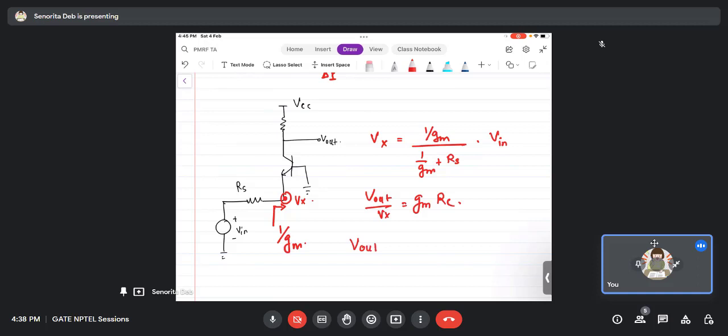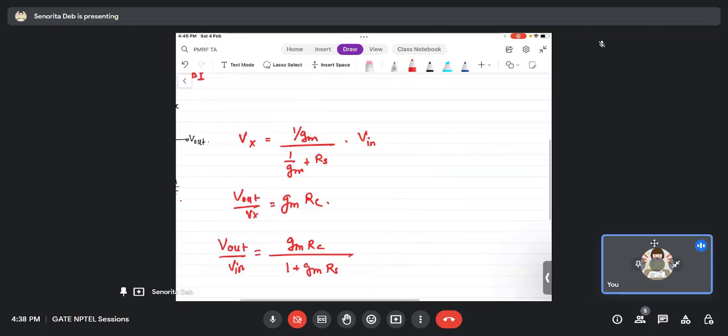V out by Vin is therefore nothing but Gm times Rc upon 1 plus GmRs, because Vx equals Vin times 1 upon 1 plus GmRs. I think this is pretty clear. This is a very simple thing.